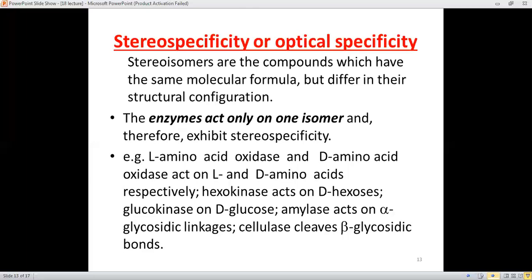Here the enzyme specificity is discussed as stereospecificity, depending on how the enzyme will choose the D or L form, and how the enzyme will sense the alpha or beta orientation of the bonds, like glycosidic alpha or glycosidic beta bonds.